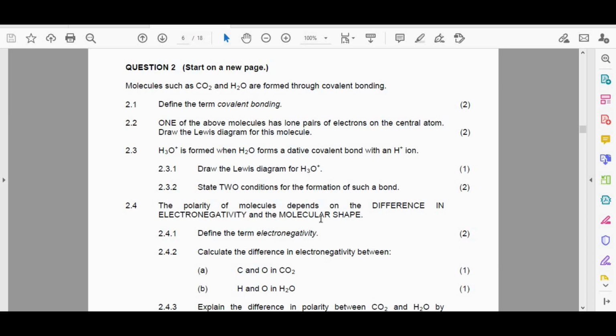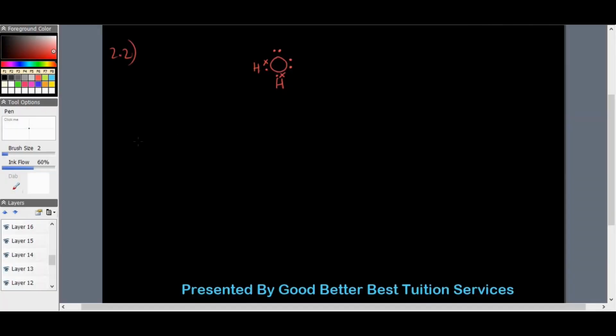H3O+ is formed when H2O forms a dative covalent bond with an H+ ion. Draw the Lewis diagram for H3O+, which I did earlier, just before we ended off the previous paper, and which is basically similar to the water molecule.